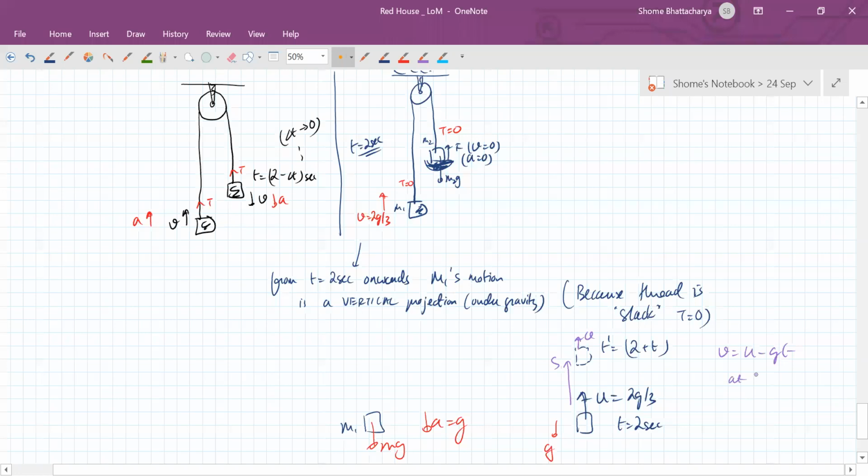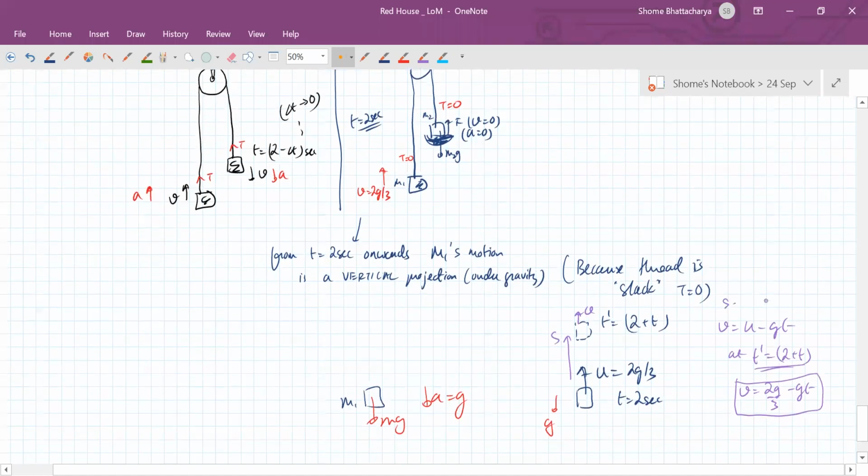So at t prime, let's say, equal to 2 plus t seconds, the velocity of this is 2g/3 minus gt, and the displacement of this is equal to this.